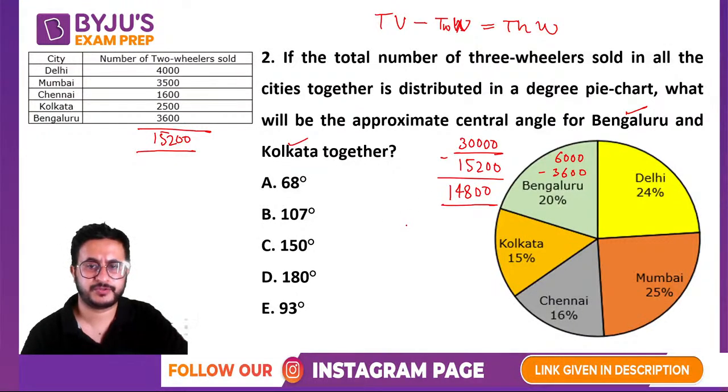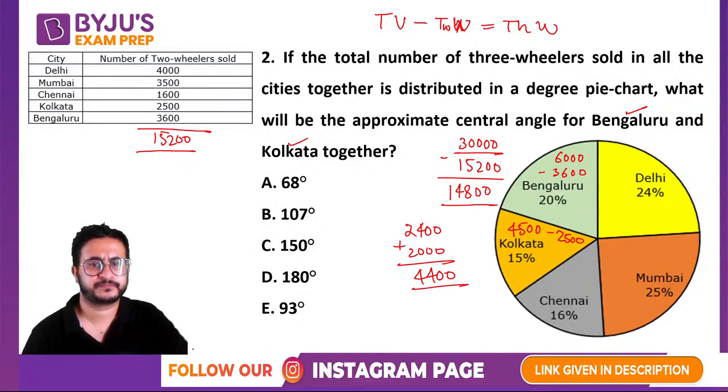So that is 2,400 here. And we have to find for Kolkata also. Kolkata is 15%, that is 4,500, and this is 2,500. So this comes as 2,000. And so we'll get 4,400.